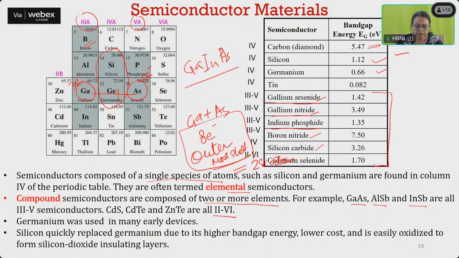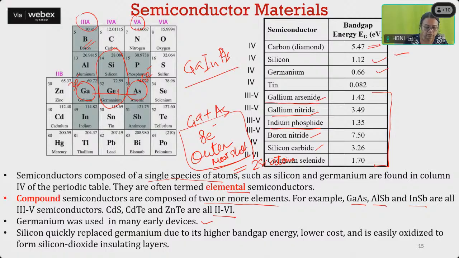At the start, when this semiconductor journey began, as I have shown you, Bell Labs first made the bipolar transistor, which was based on germanium. So germanium was used in many early devices.